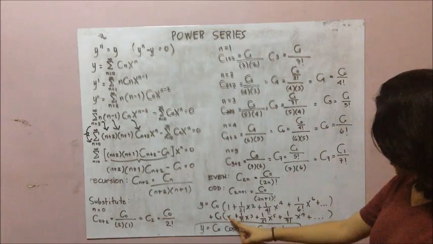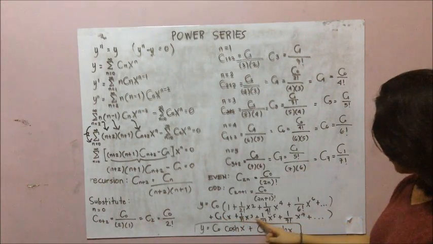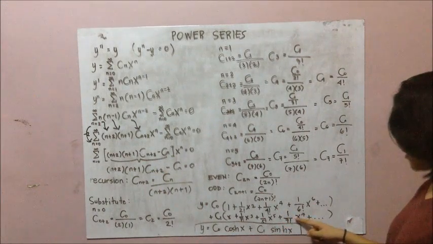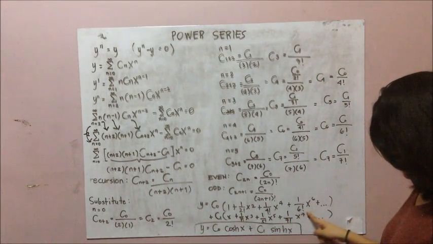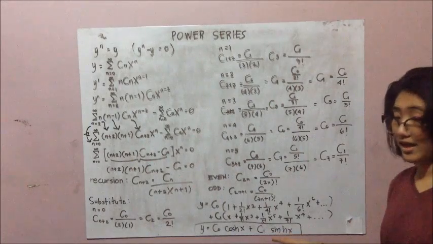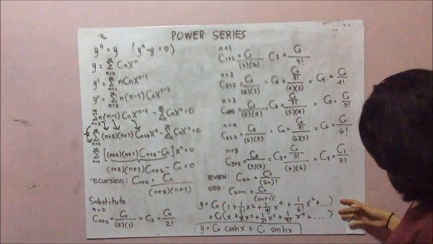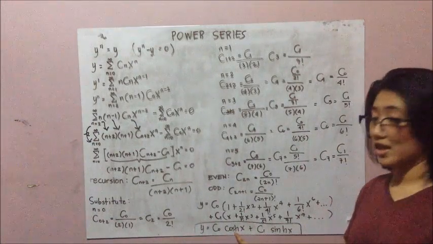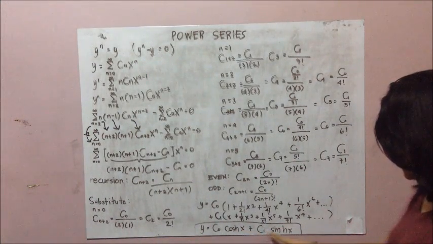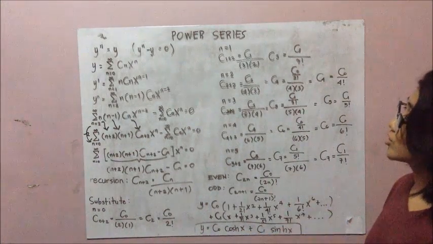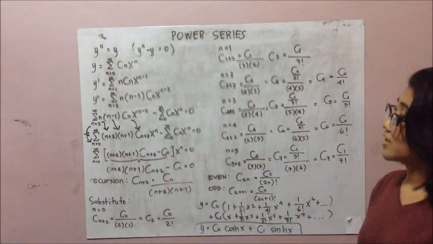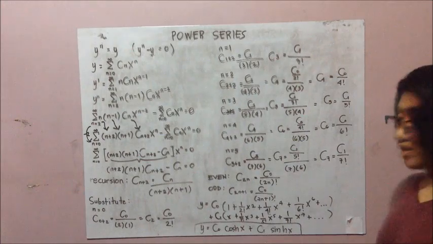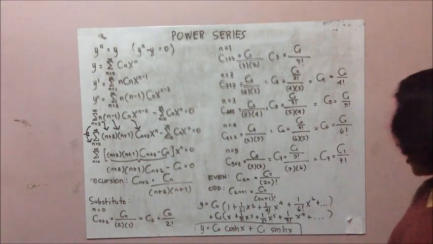And the expression x plus 1 over 3 factorial x cubed plus 1 over 5 factorial x raised to 5 plus 1 over 7 factorial x raised to 7 equals hyperbolic sine x. So we simplify this to the transcendental functions c_0 hyperbolic cosine x plus c_1 hyperbolic sine x. So the final solution of y double prime equals y is y equals c_0 hyperbolic cosine x plus c_1 hyperbolic sine x.